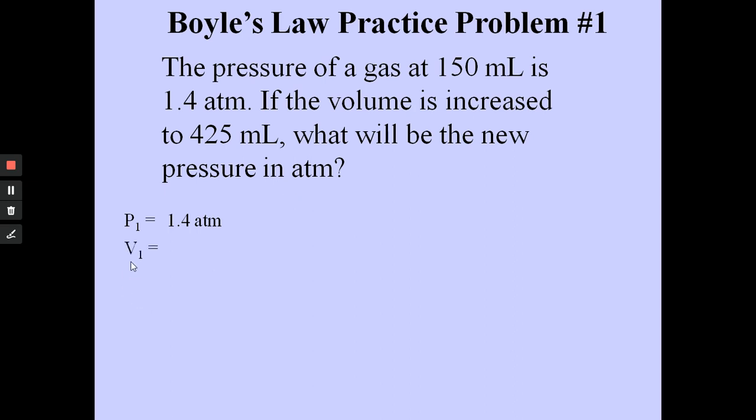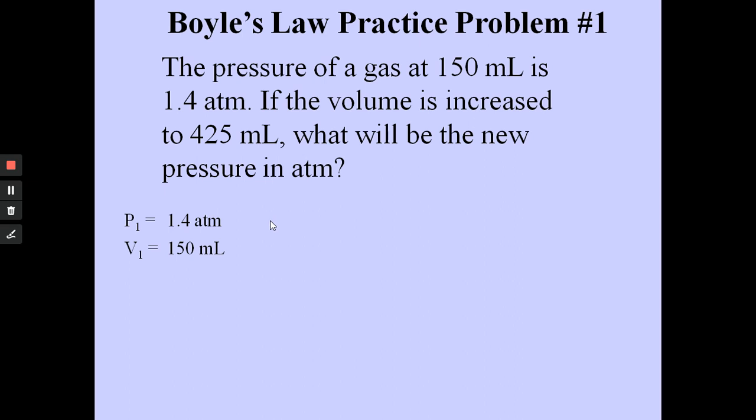So I'm going to call this V1, volume for the first condition, which is 150 milliliter. If the volume is increased to 425 milliliter, now the volume has changed. Volume has gone from 150 milliliter to 425 milliliter.